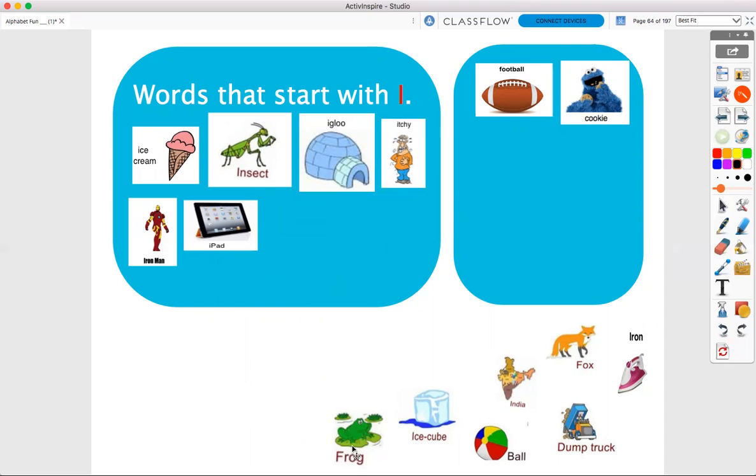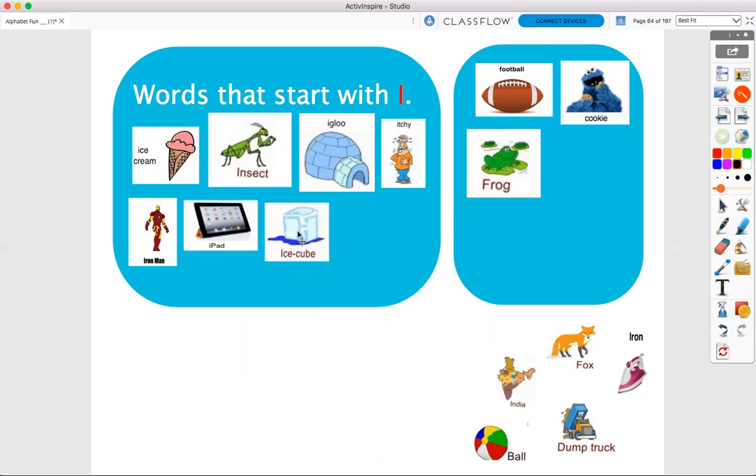Frog, frog does not start with I. What about ice cube? Ice cube starts with I. Ball, ball does not start with I. What about fox?